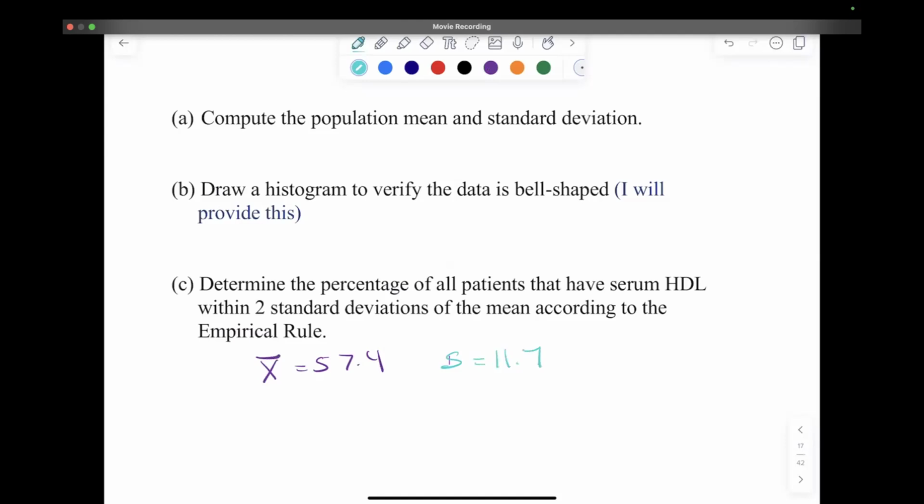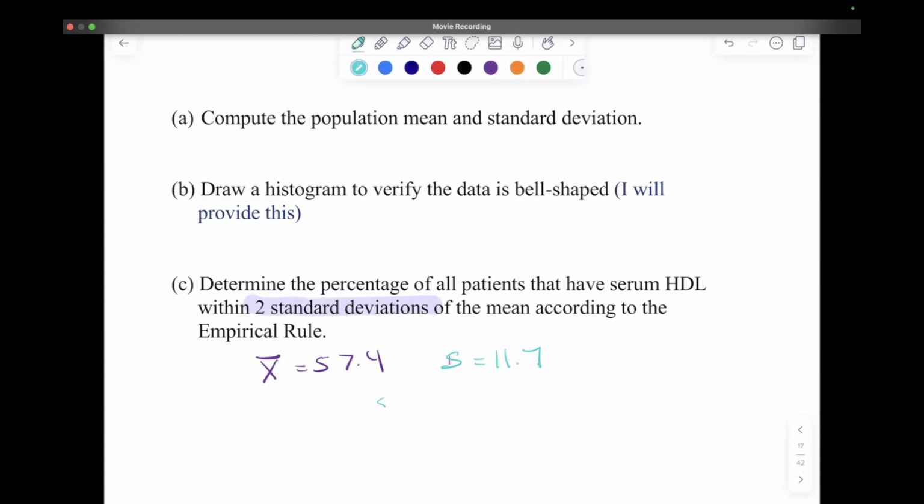So this is the thing that's different from your PowerPoint that you printed off. I'm looking for the percentage of all patients that have serum HDL within 2 standard deviations of the mean. So going back to, we're going to take this right here.